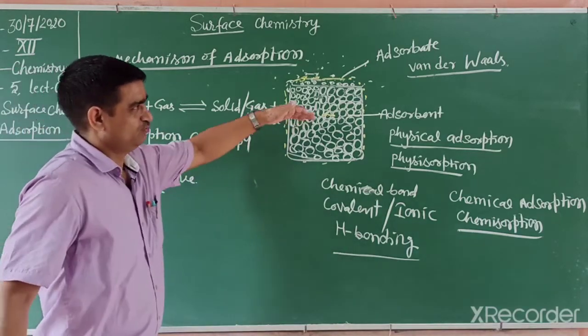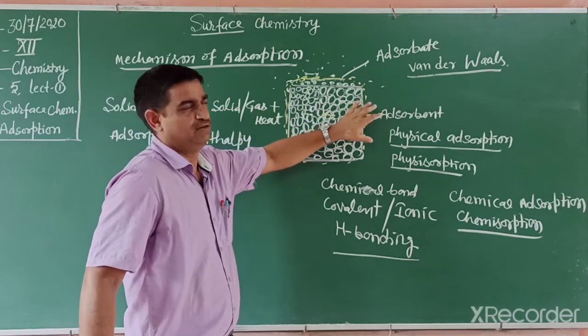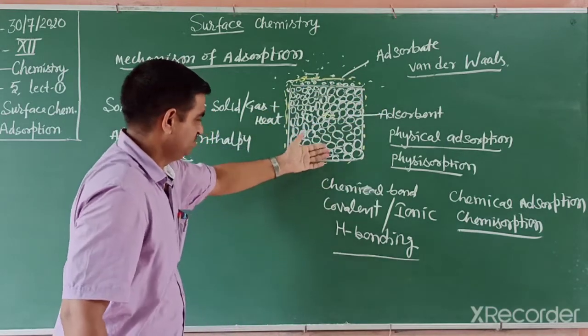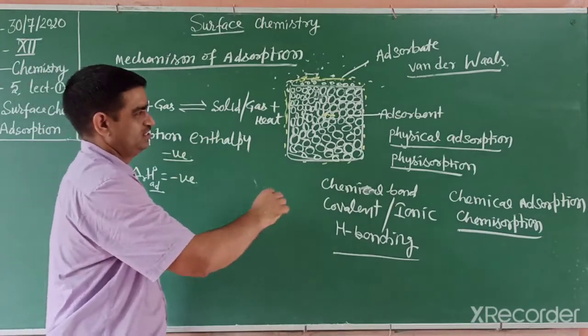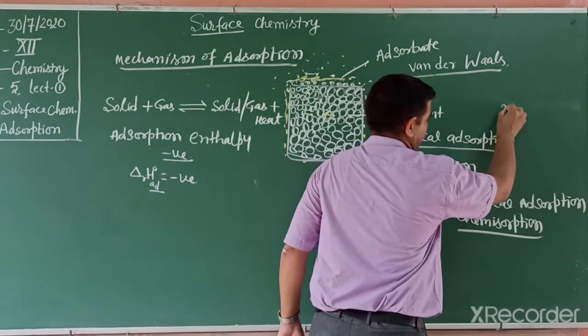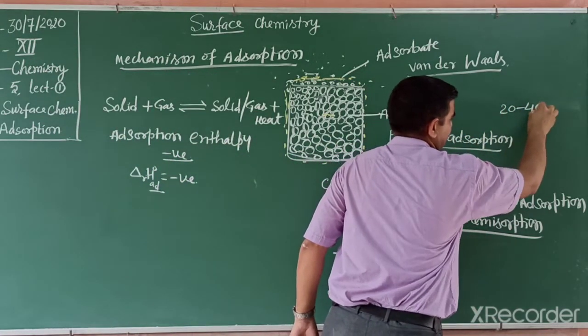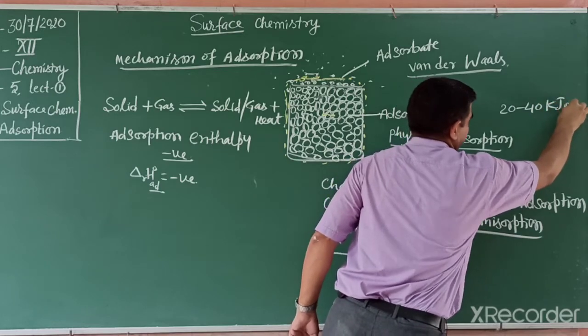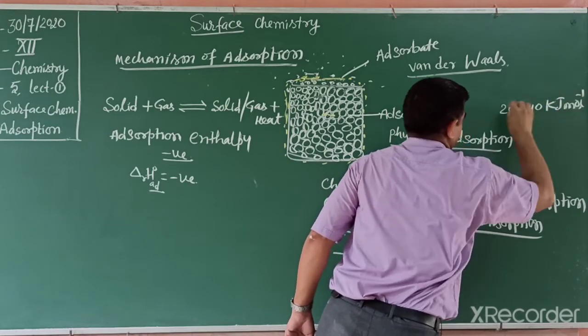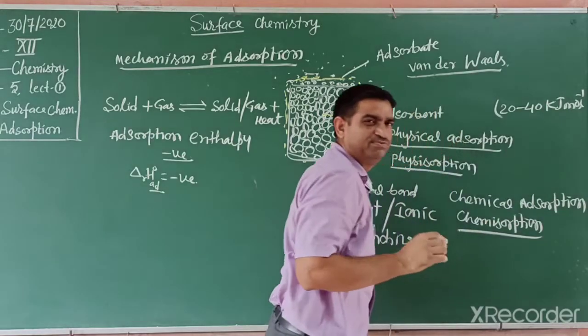In physical adsorption, the bond is weaker, so the enthalpy of adsorption is lower. In physical adsorption, the enthalpy is 20 to 40 kilojoule per mole. Why? Because of the weaker force.